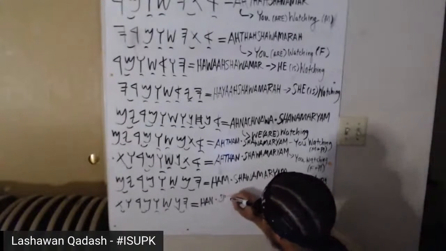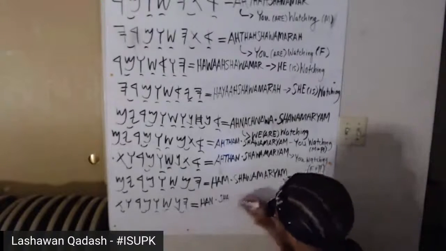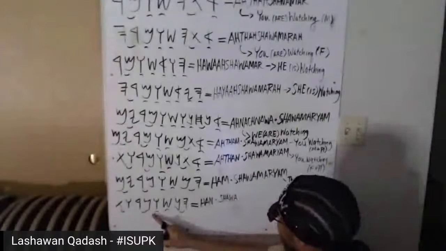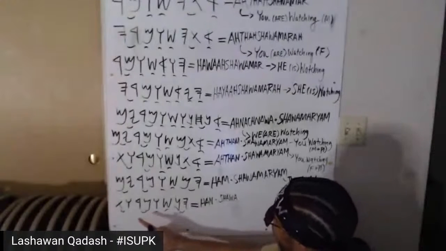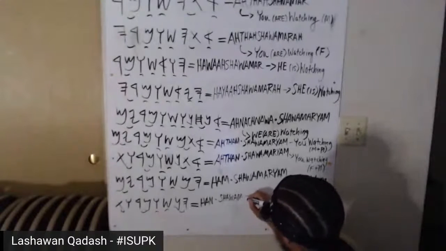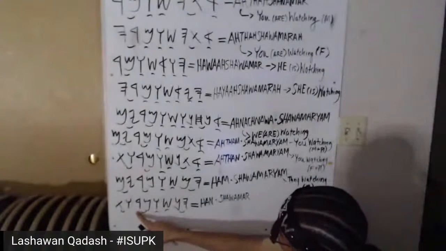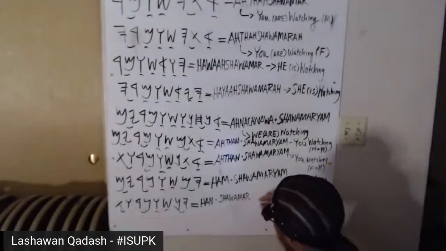You got the sha, the wa, and the ma and the ra, which is going to be mar, because the a drops off towards the end of the letter, of the word in most cases.